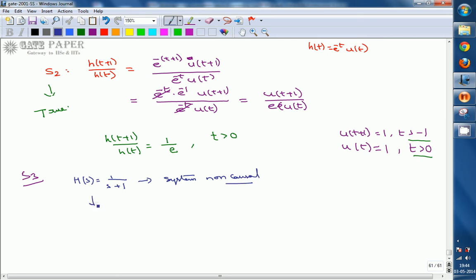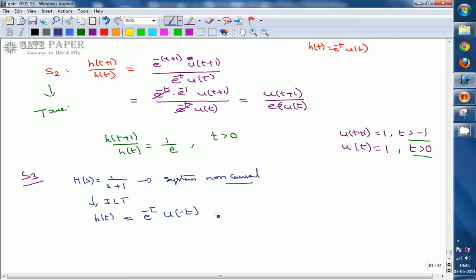By calculating the inverse Laplace transform for the non-causal system, we will get h of t equals e power minus t times u of minus t, that is the non-causal system.